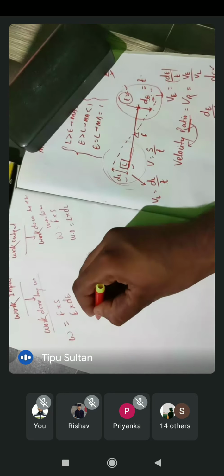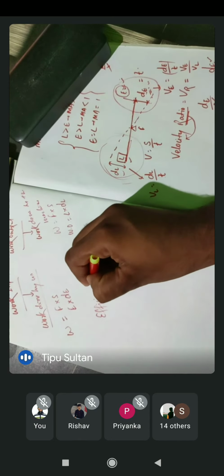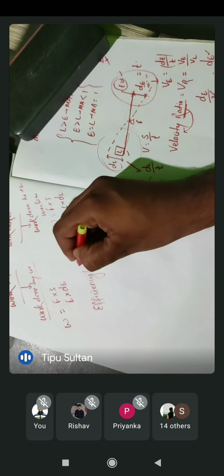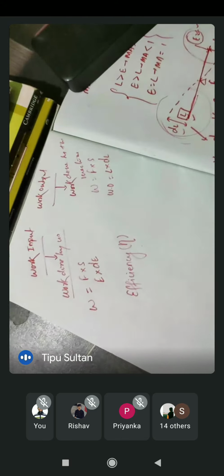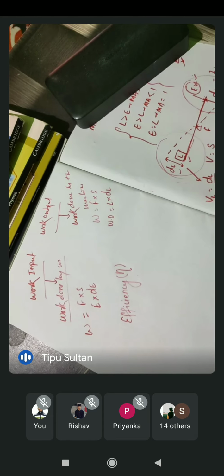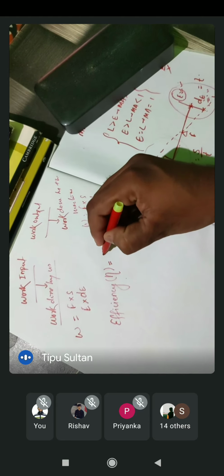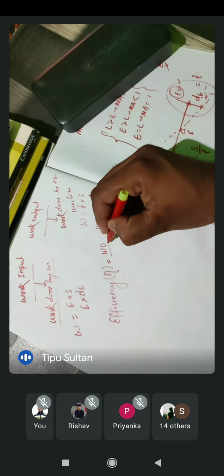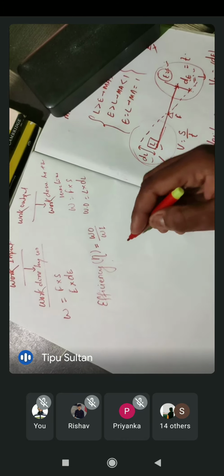Now efficiency, represented by this sign, which is called eta. Efficiency is the ratio of work output to work input. It means efficiency you can write as work output to work input. Now tell me, what will be the value of work output?